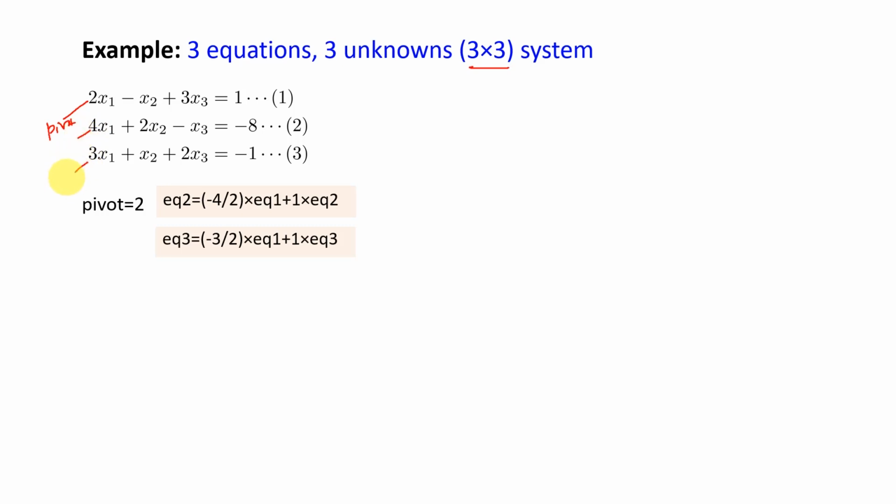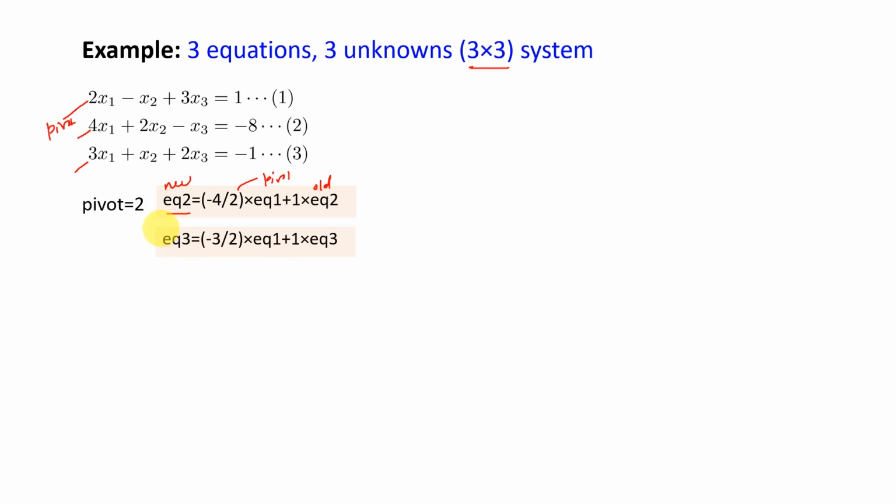So the new equation 2 is equal to old equation 2 plus minus 4 by 2 multiplied by equation 1. This 2 is the pivot and 4 is the coefficient of x1 in equation 2.